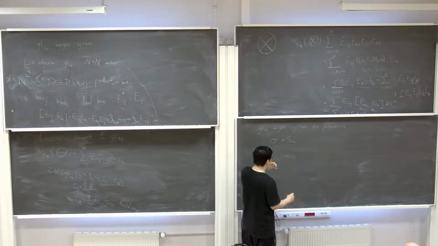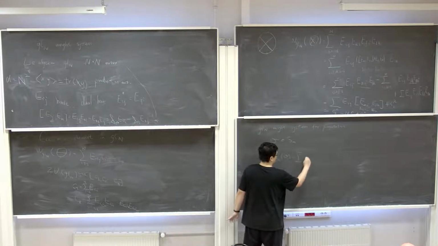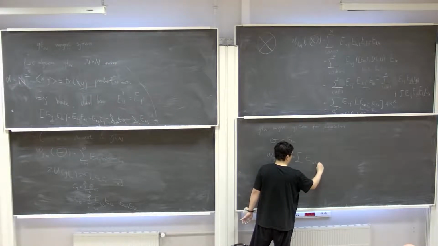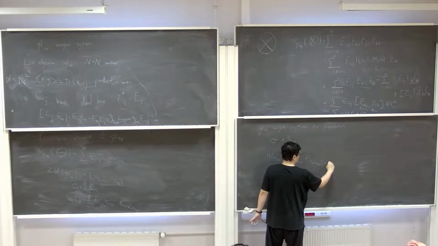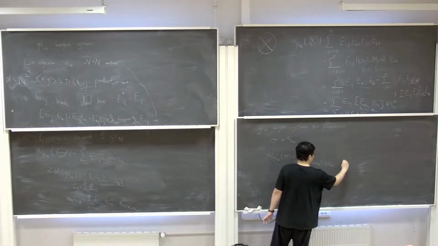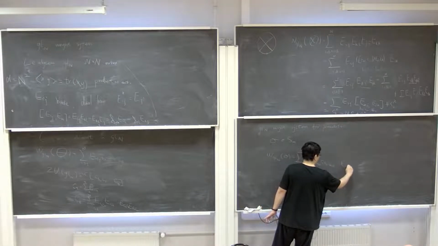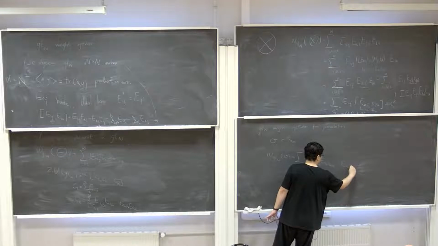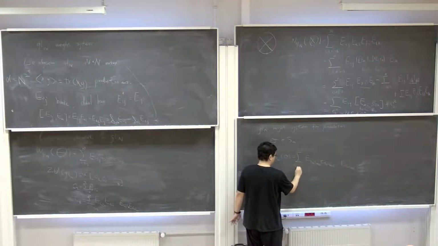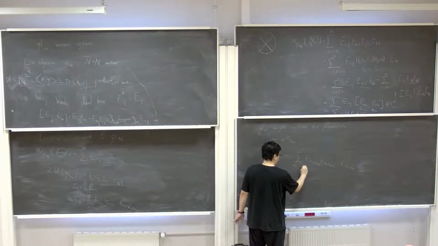Okay. So the definition is the sum of EI1 I sigma 1, EI2 I sigma 2, up to EIM I sigma m, over I1, ..., IM from 1 to n.